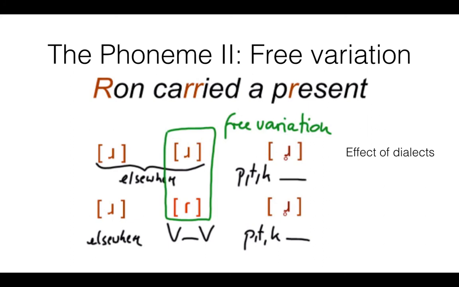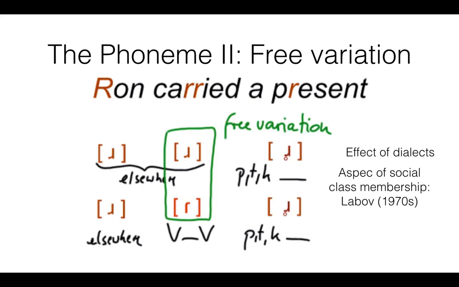It is usually the result of differences of dialects, or it can be the result of social class membership. Some people from some social classes can pronounce some sounds differently from people from other social classes, the poor and the rich. So these are some of the reasons why we can have this. Either it is the result of dialectal variation, or it can be the result of social variation.